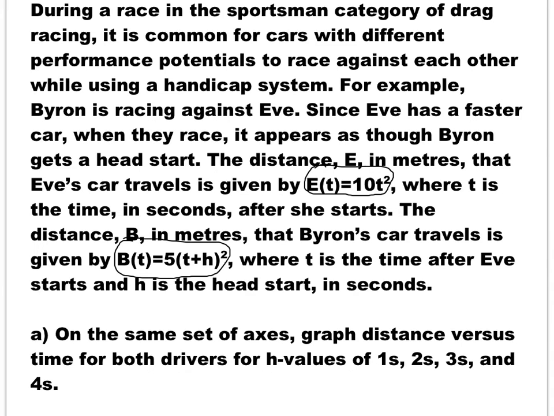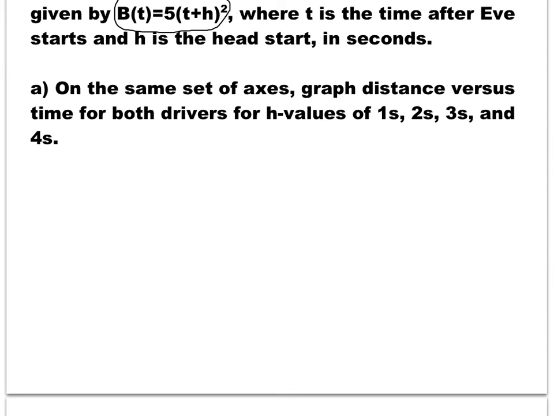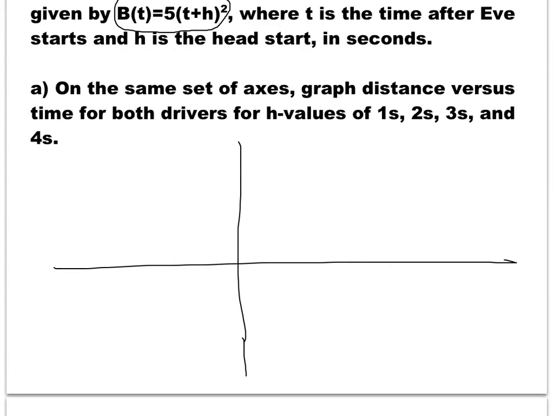So meaning that we have to plot 5 graphs here: 1 for E(t) and 4 for B(t). So let's start with drawing our coordinate system. This is our time and this is the distance.